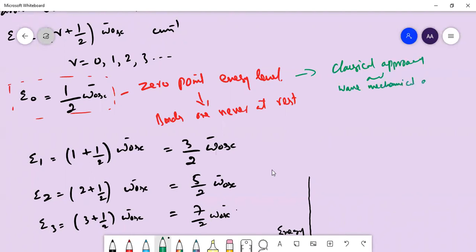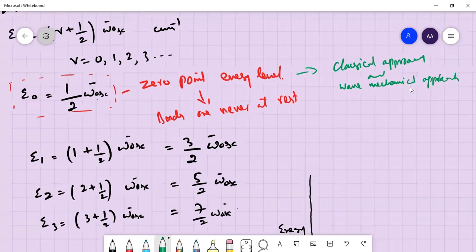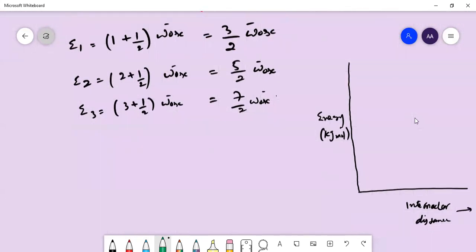The classical approach has no objection if the value of energy is equal to 0. But wave mechanics says that the vibration of any molecule or bond will never be 0, and it always vibrates to some extent with some energy that is equal to 1/2 ω bar.